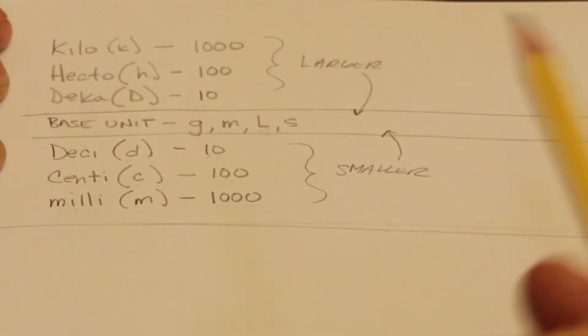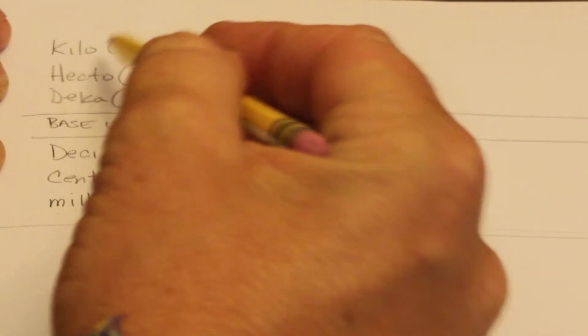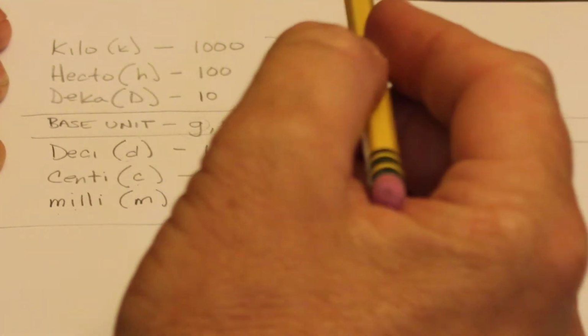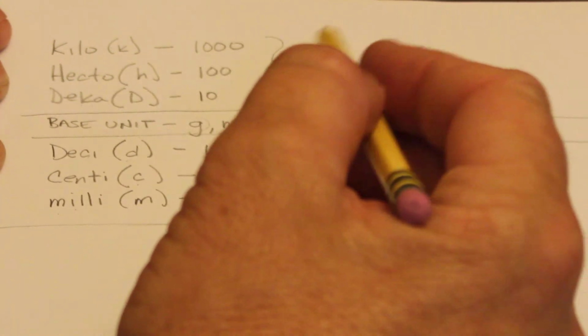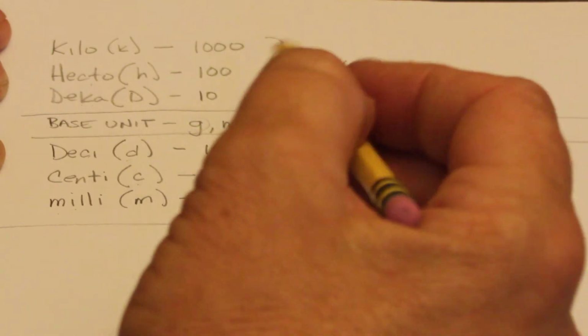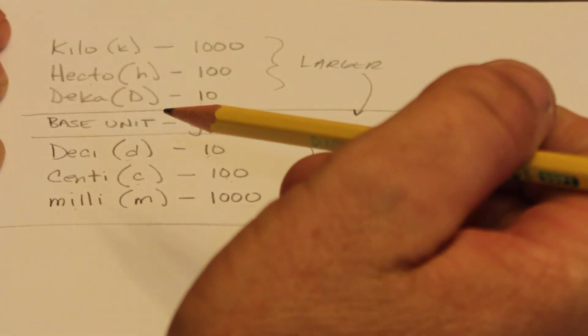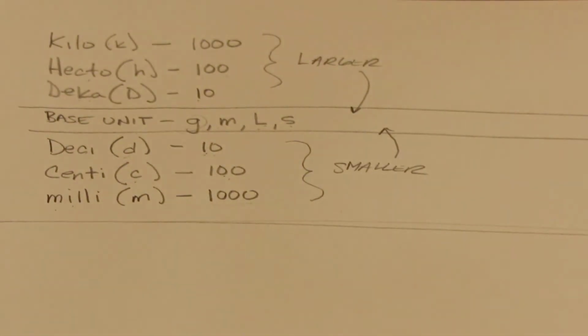So what that means is that there's 1,000 grams in a kilogram, there are 100 seconds in a hectosecond, and there are 10 liters in a decaliter. So the way we view those is going to change how we approach them.